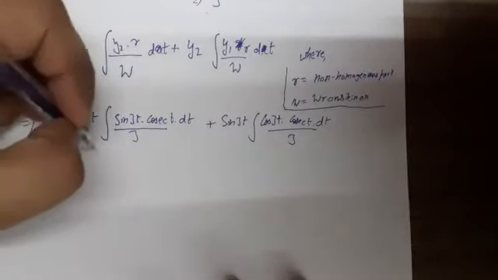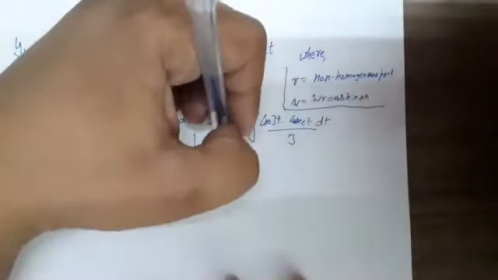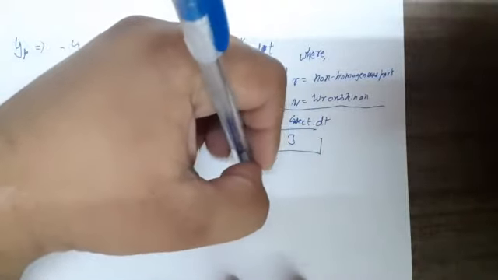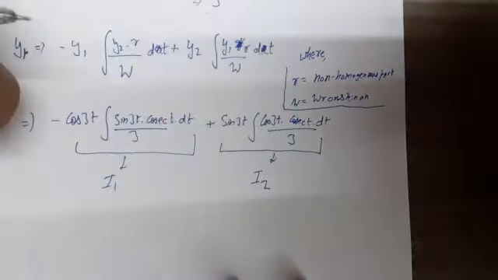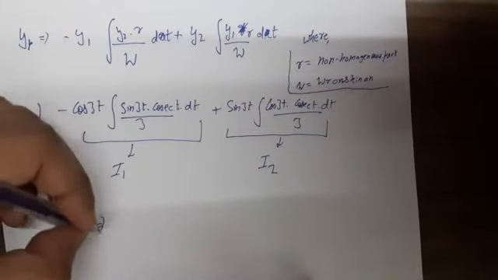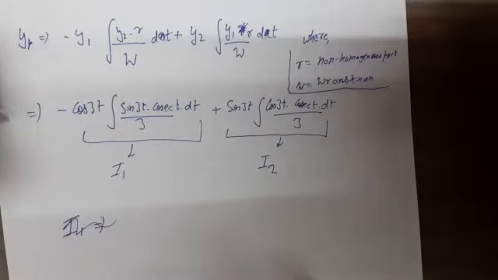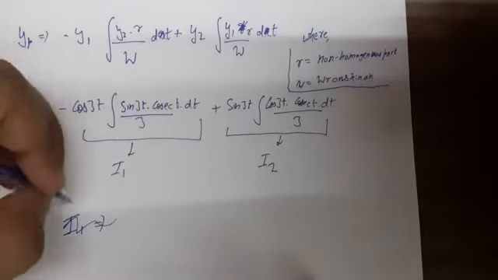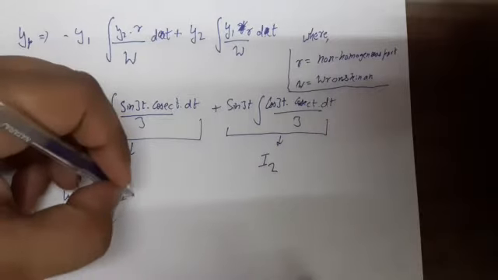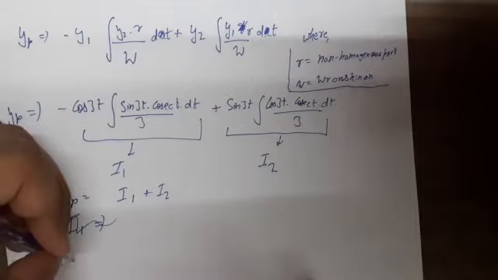Now we will break it into two integrals. Let us assume that this is I1 and this is I2. So yp equals I1 plus I2, and we will first solve I1.